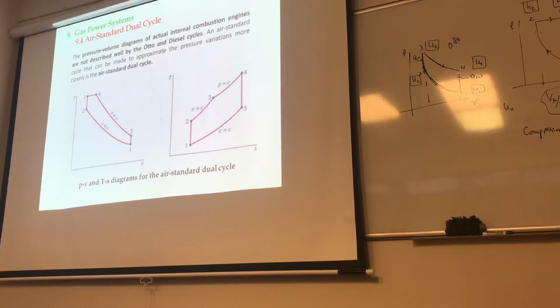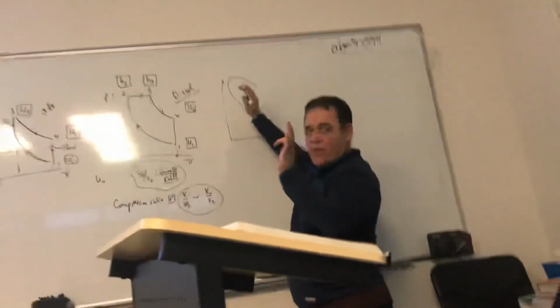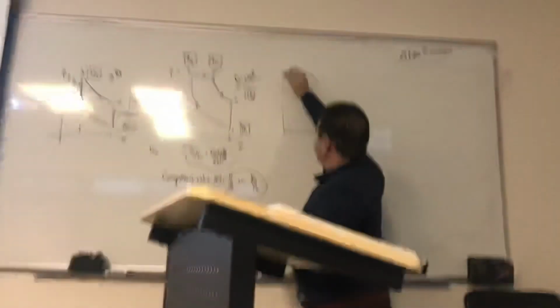This one I'm only going to say something about, but we're not even going to look at an example. Let me tell you why that is what we call a dual cycle. If you remember that pressure diagram we talked about in the beginning, do you remember that weird-looking pressure?